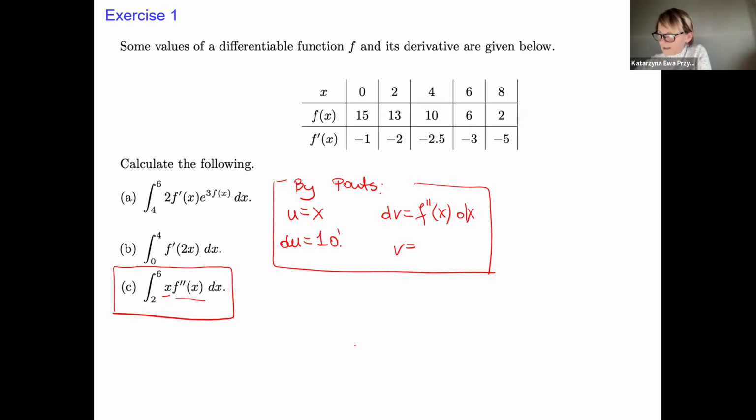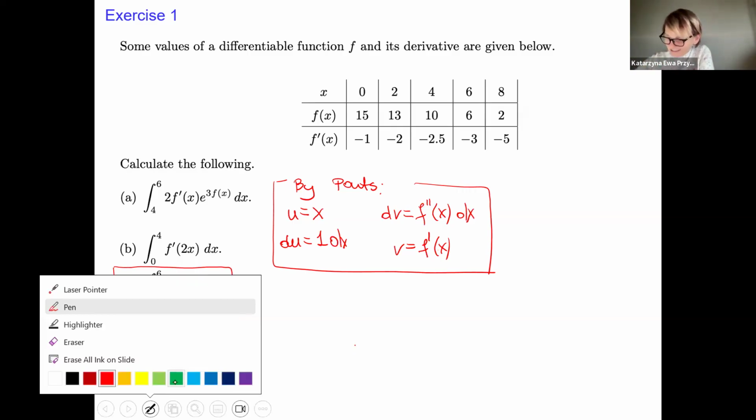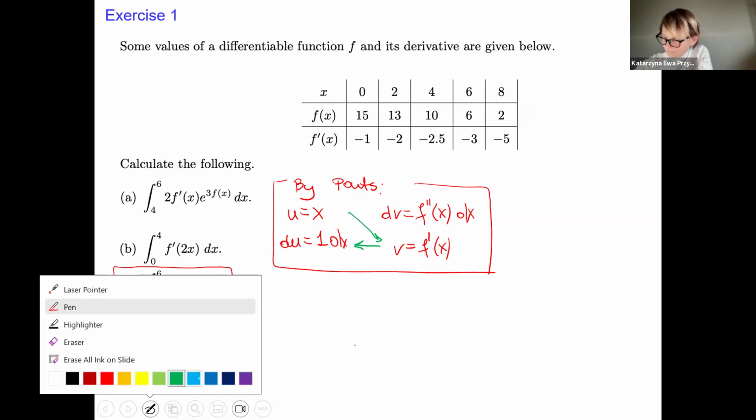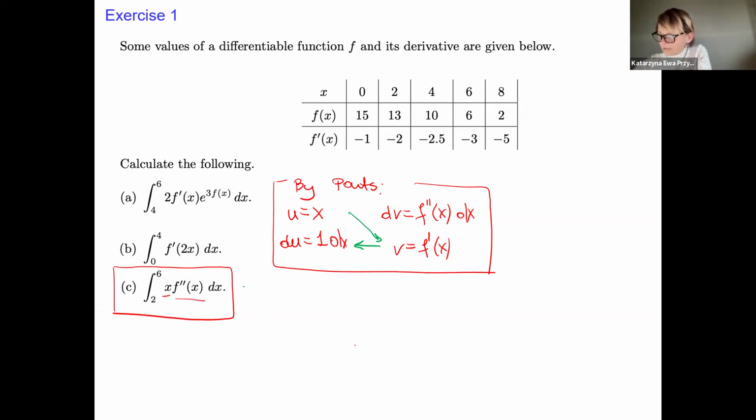Okay, this will be 1 and this will be the first derivative. Yes, okay, really good. And let's see what we're getting. UV minus integral of VDU. Oh, it's supposed to be blue, but it's okay. That's UV minus integral of VDU.